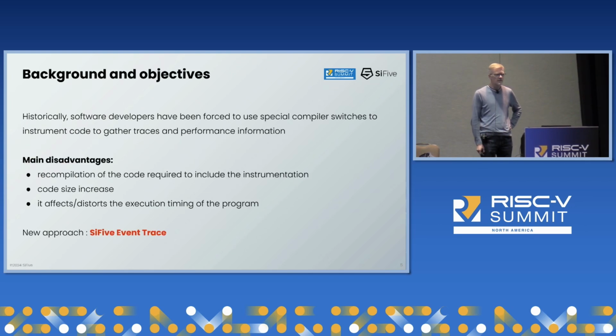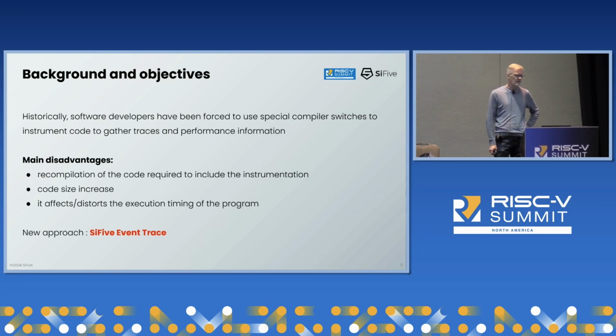So usually when software developers want to do profiling and performance analysis of their software, they have to instrument the software, injecting certain instructions and code in certain places to collect the traces, which unfortunately adds an overhead to the software being profiled.